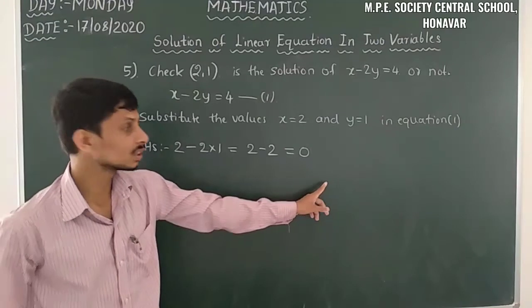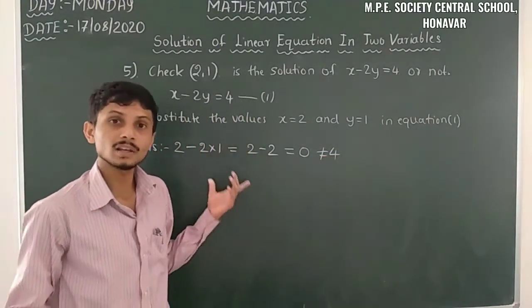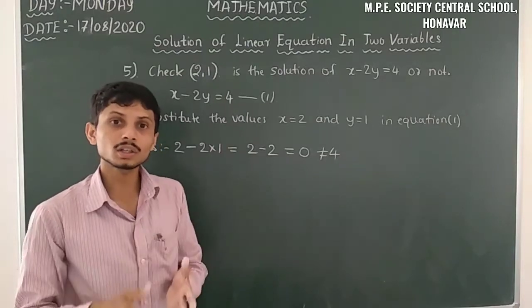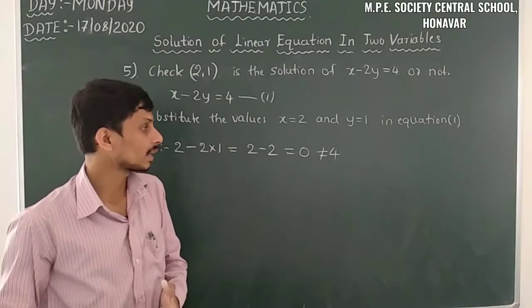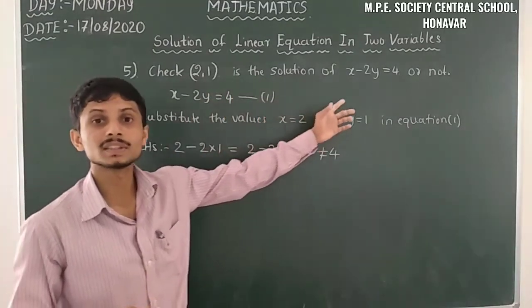So 0 is not equal to 4. That means the value of LHS is not equal to the value of RHS. That means 2 comma 1 is not a solution of this equation.